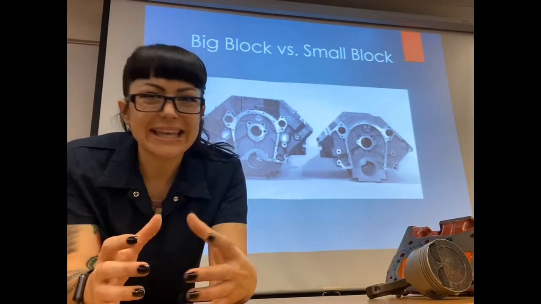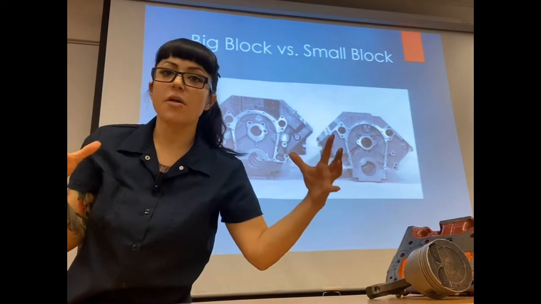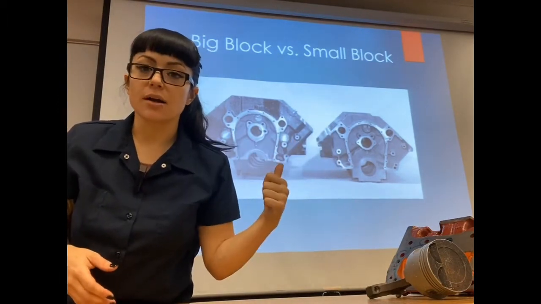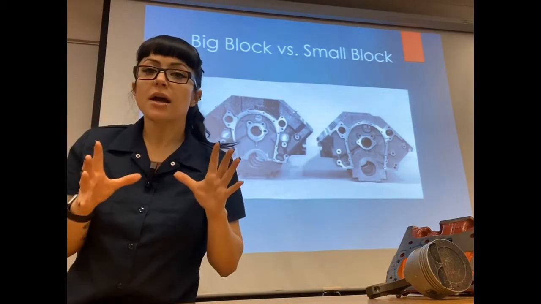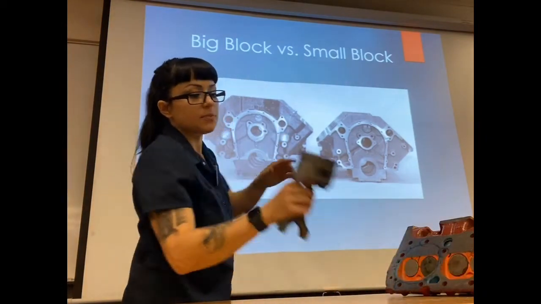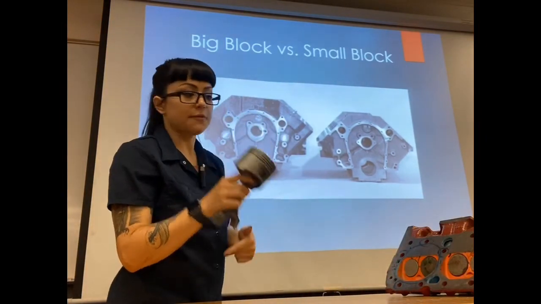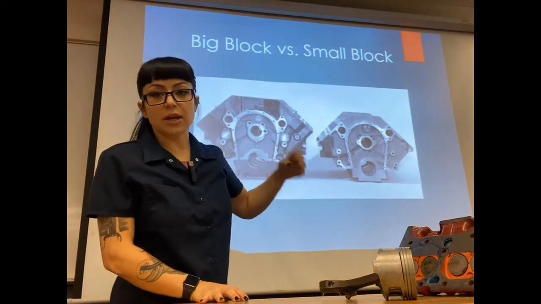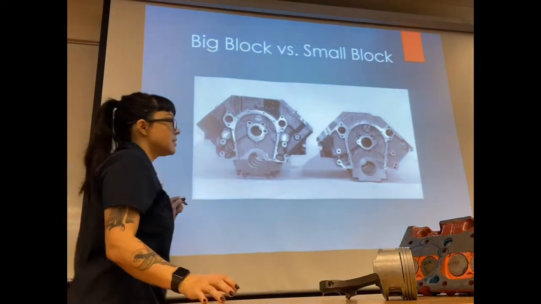What is casing all of these moving components together? That is our engine block. The engine block is going to include our rotating assembly, the piston, the rod, and the crankshaft. What we don't see up here are cylinder heads, which have our valve train, and I'll get into that in a moment. That's our next slide.